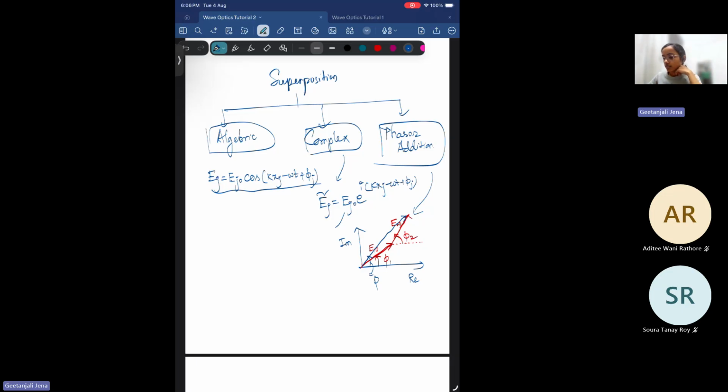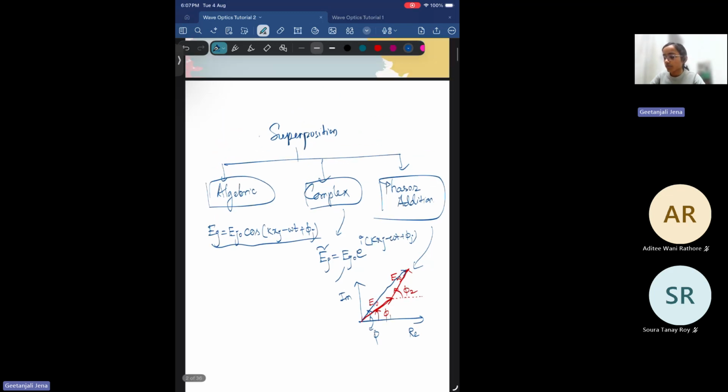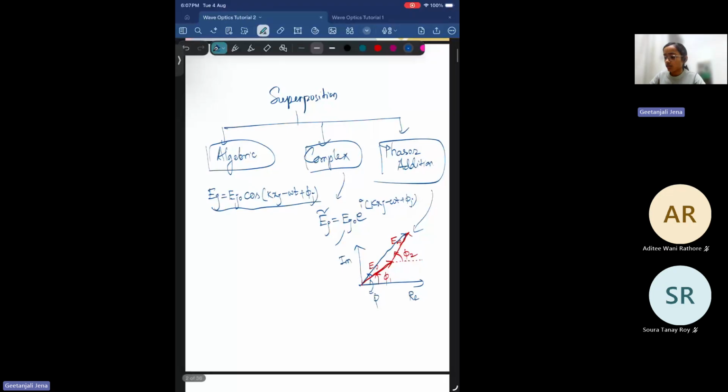Yes, you can use the complex method when you have more than two, or three, or four waves, because there the mathematics is simpler. But it depends on what you are comfortable with. If you are comfortable with the algebraic method, it is also possible to use it, but it will become a lengthy one. You can use complex or phasor addition, whichever you are comfortable with.